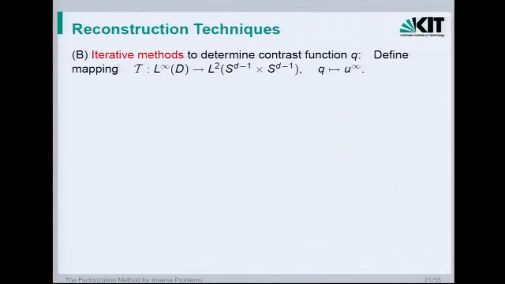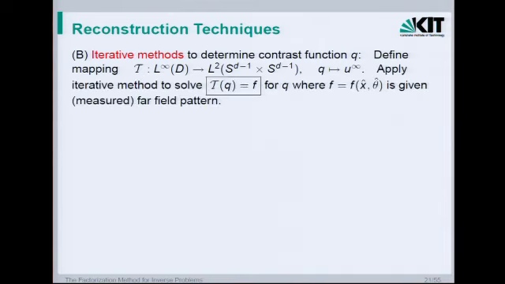You consider the mapping which maps your contrast function Q into the far field pattern, and you want to solve T of Q equal F. F is a given measured far field pattern, and you want to invert this nonlinear map.